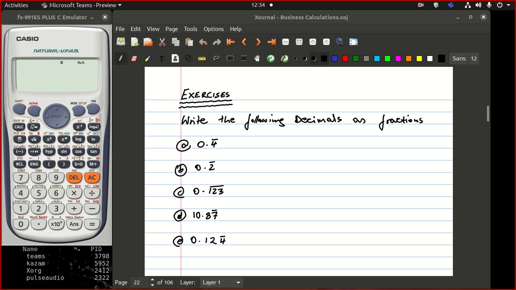Okay, guys, let us start. I gave you homework yesterday. It seemed as if we're still struggling when it came to actually converting these rational numbers to fractions. We'll try and do them as slowly as possible.